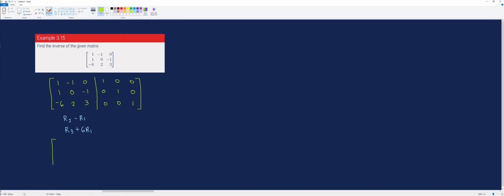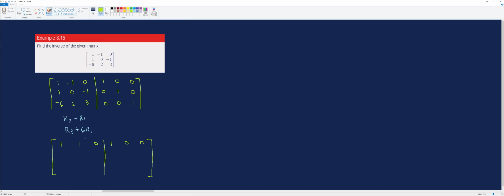So let's perform the operation. For the first row, we will not do anything, so all we need to do is copy. That's 1, negative 1, 0. And here, that's 1, 0, 0.